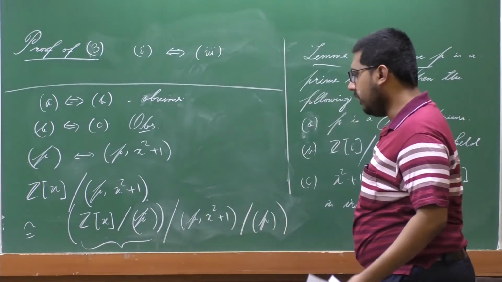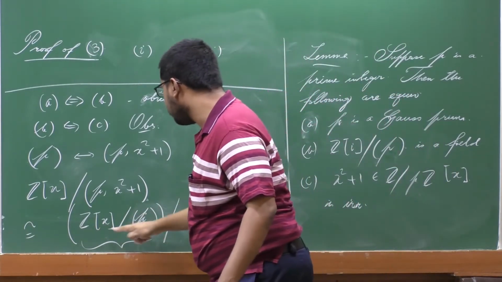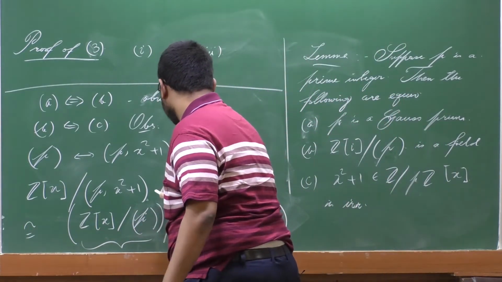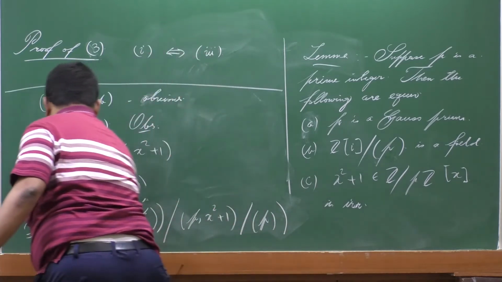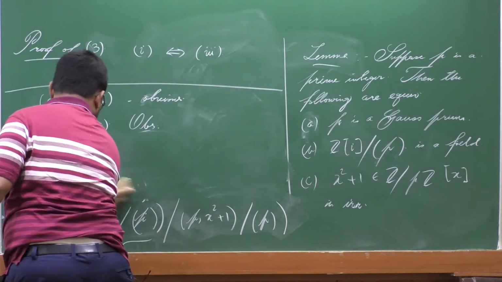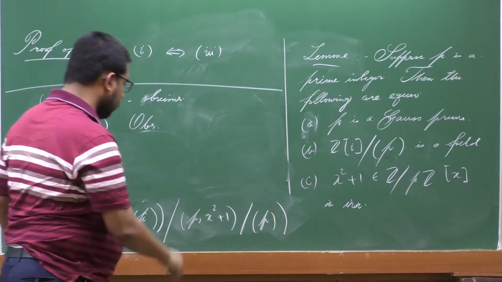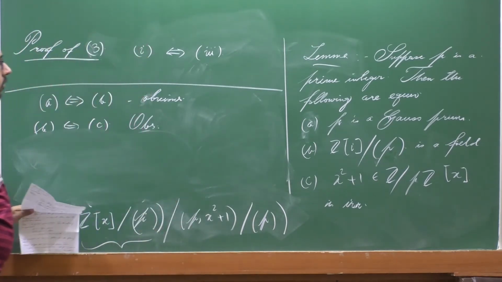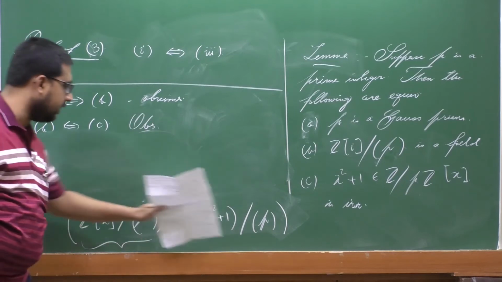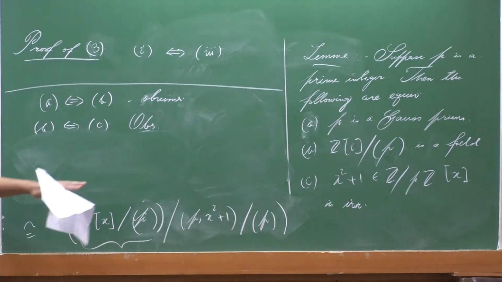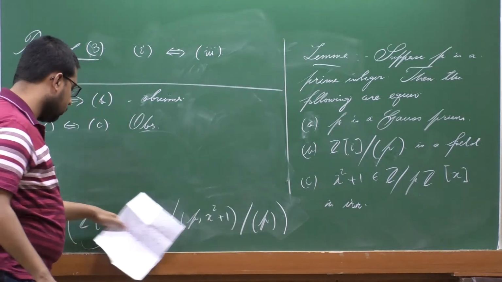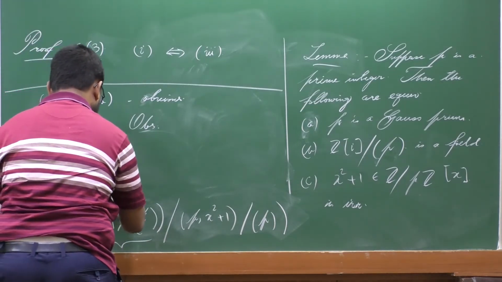The proof is not at all difficult. So this part is isomorphic to, I think I should erase these as well. So the quotient ring that we are dealing with, whether it is a field or not, that ring is exactly isomorphic to this. So it is the quotient of this by this. So what is this?